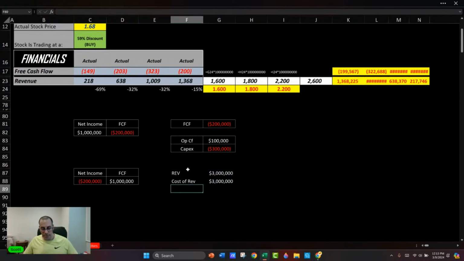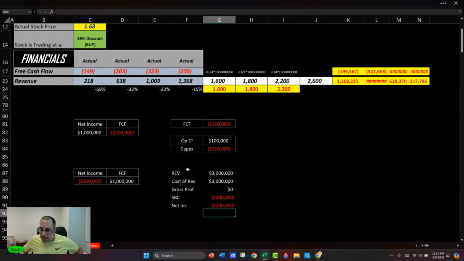So it looks like they have a gross profit of 0. But if they pay a lot in stock-based compensation, let's just say they have 2 million stock-based compensation, so their net income is negative, but they have to add back the stock-based compensation.